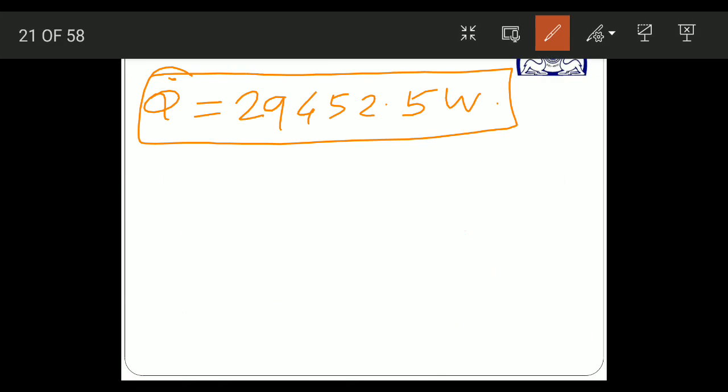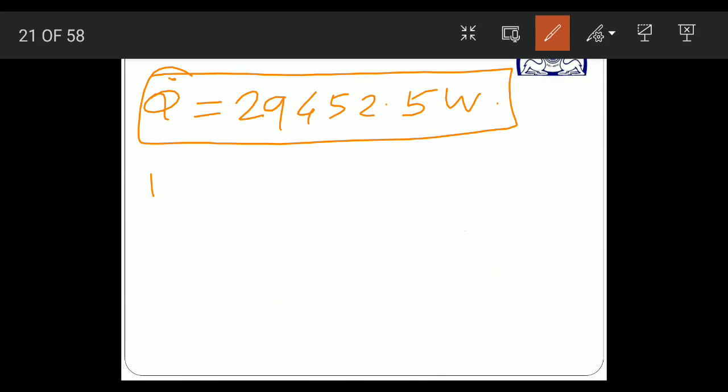If you simplify this, then you will get the value of rate of heat transfer, that is equal to 29452.5 watt. So this is the value of rate of heat transfer through that plane wall.